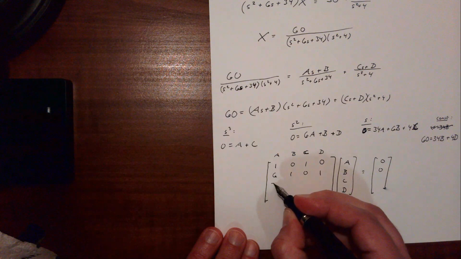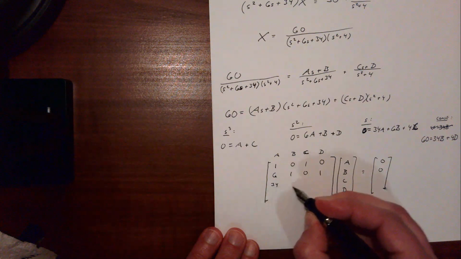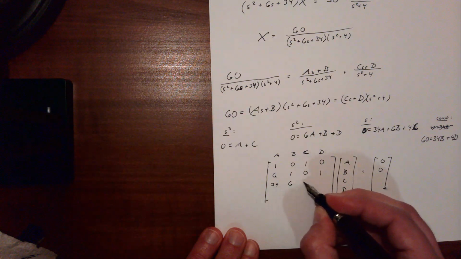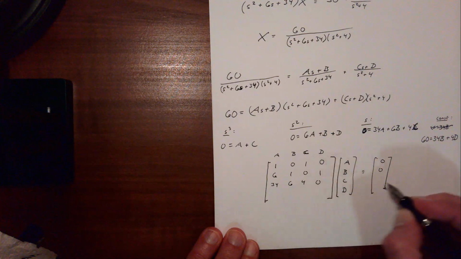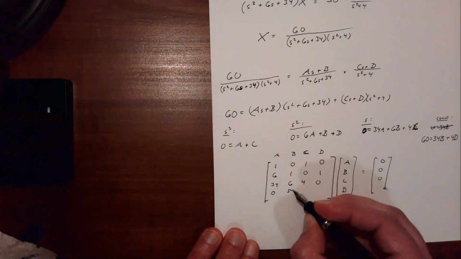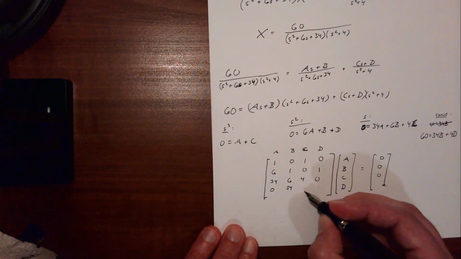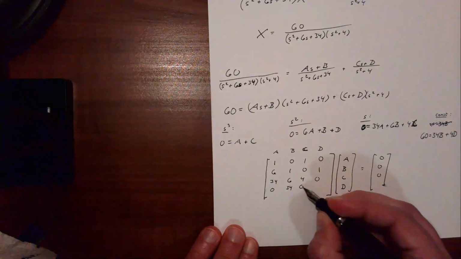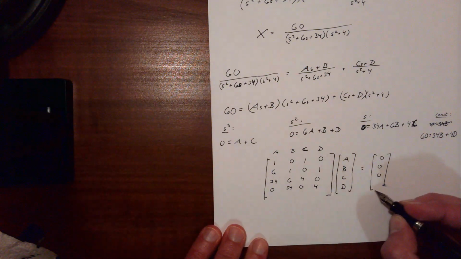Over here, 34A, 6B, 4C, 0D equals 0. And over here, we're going to have 0A, 34B, 0C, 4D equals 60.